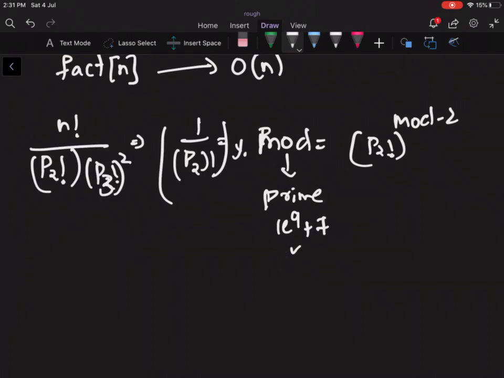That's okay. So we need to calculate this one, and we can calculate this one in O of log mod.